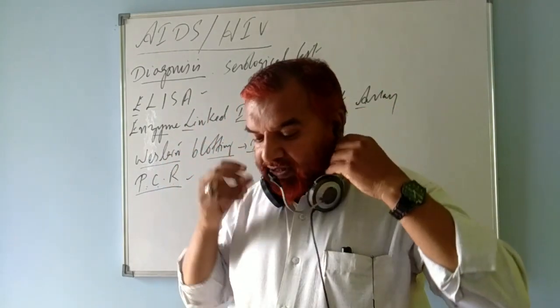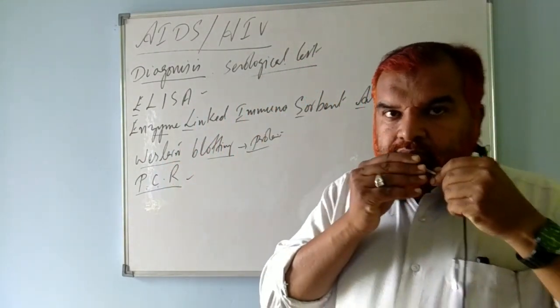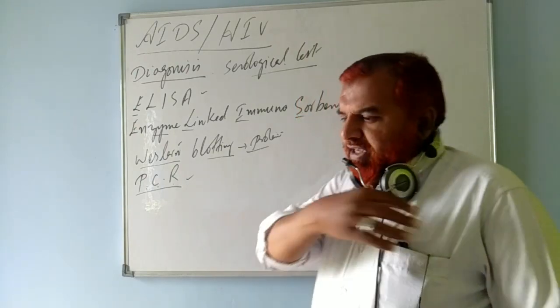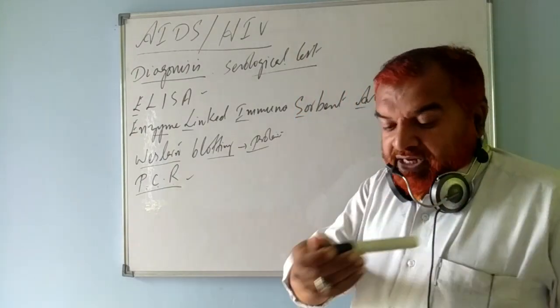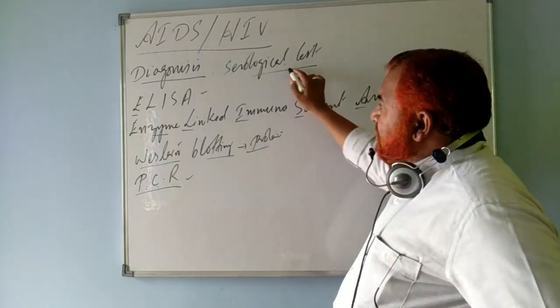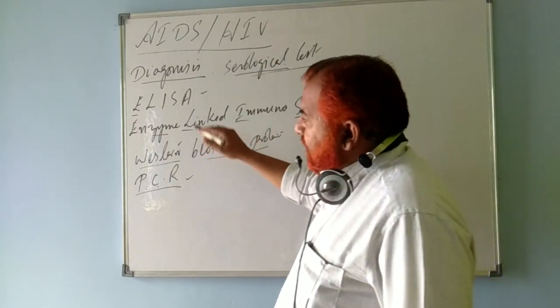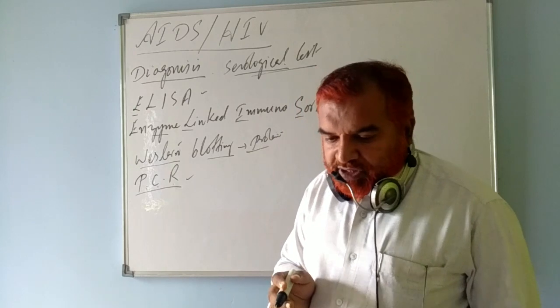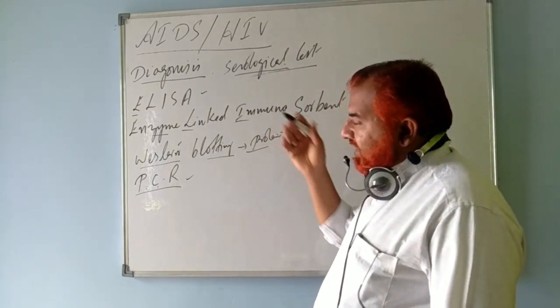Serological test, clear? What do you mean by serological? Where serum is used from the blood. In this serum, you find the presence of antibodies or antigens produced against this virus.